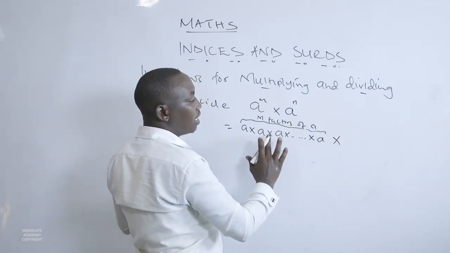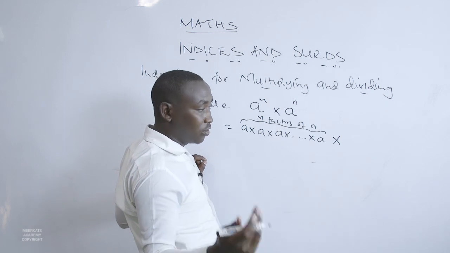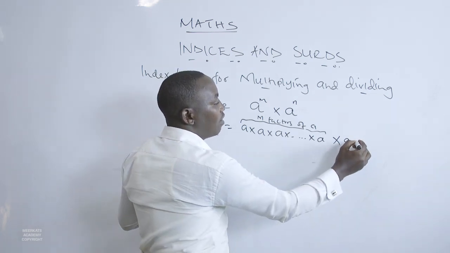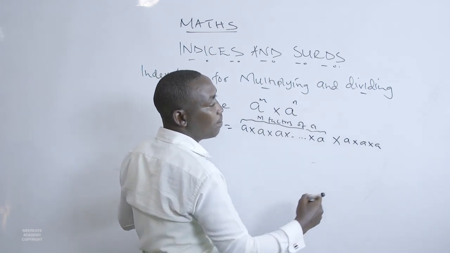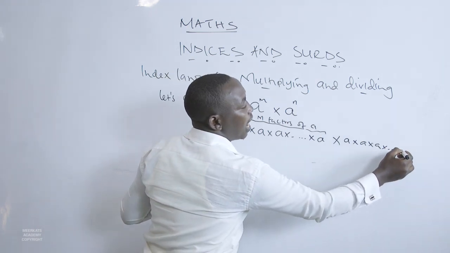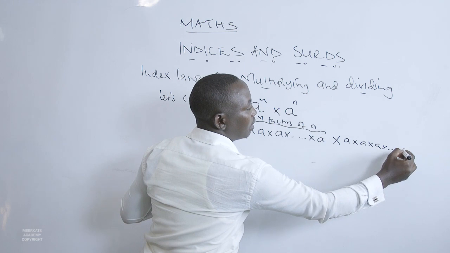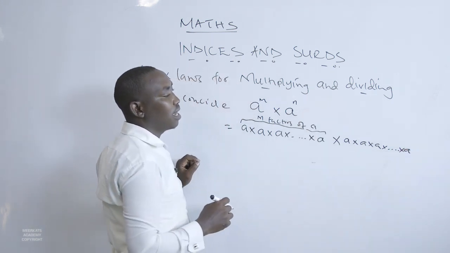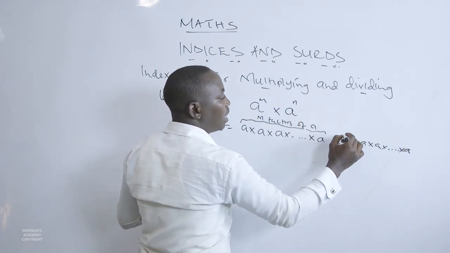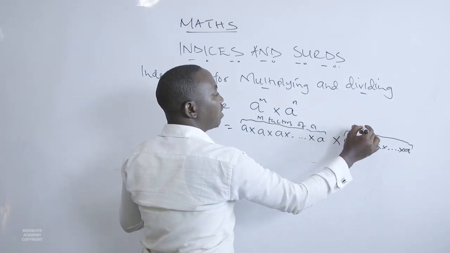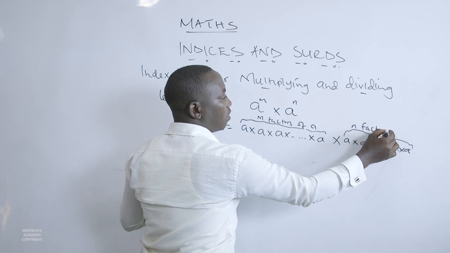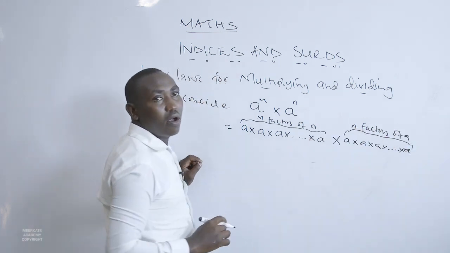We are multiplying this with n factors of a, so we shall have the first 3 factors of a multiplied by so many other a's.